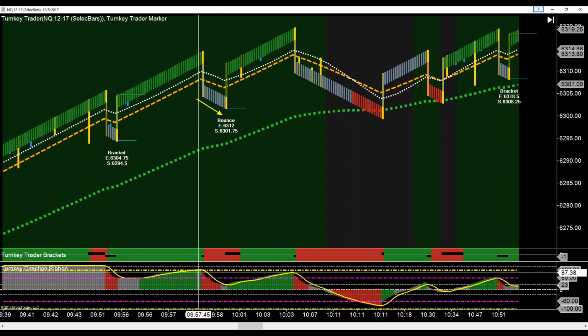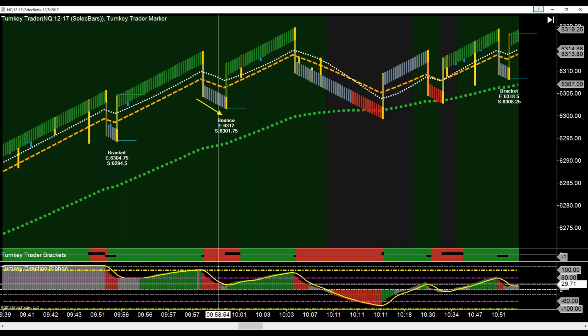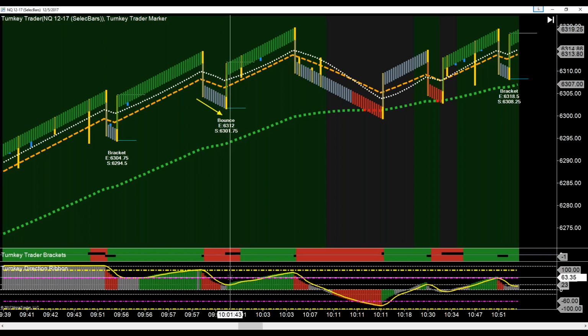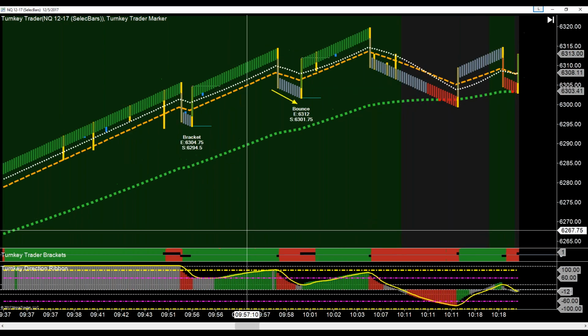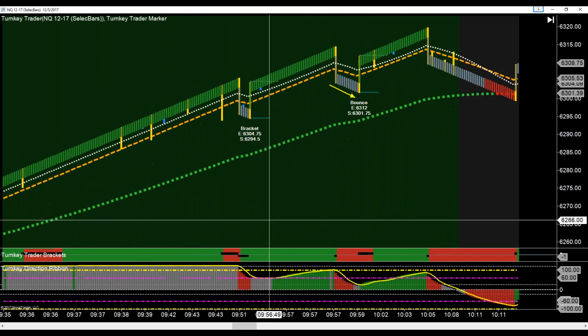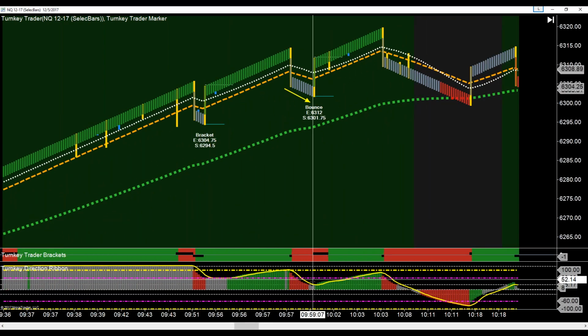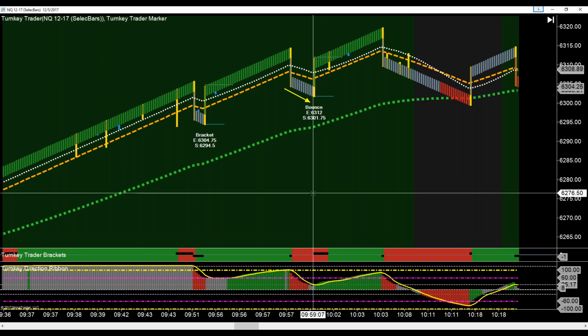It's more important that our yellow line comes from an extreme and gets down to this good zone here, between the 0 and 25 or 25 and 60. I like them bouncing off the 25, and depending on how far the trend goes, bouncing off the 60 would be good as well. So that's the major difference.